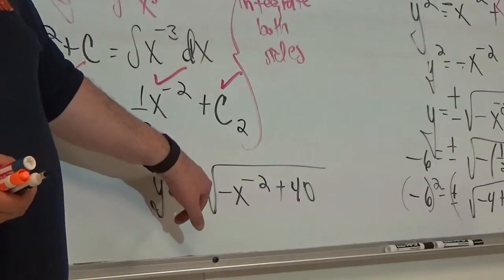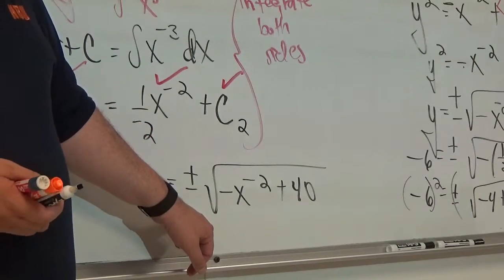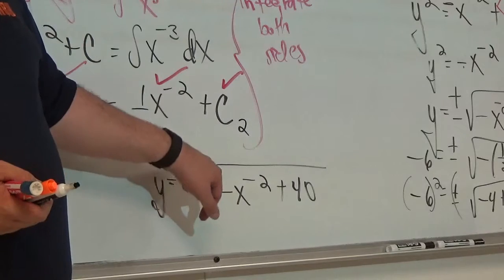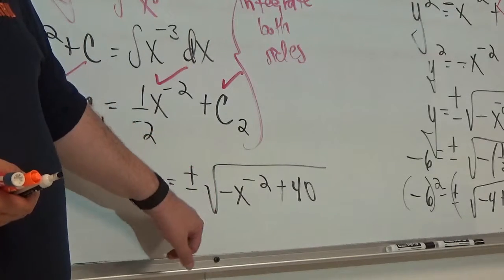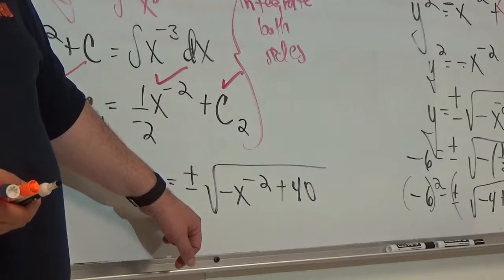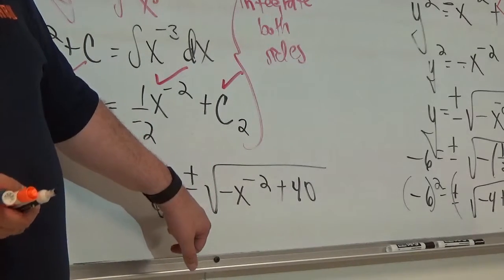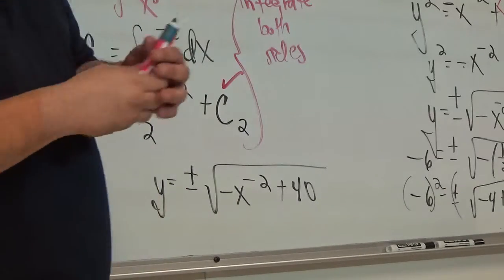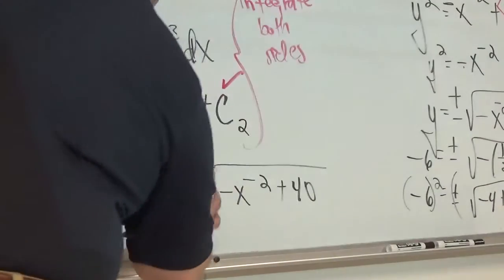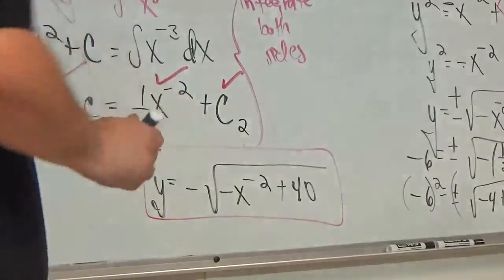Do I want the positive version or the negative version? The way you decide is to look at the initial condition. I need to pick the one that when I plug in 1/2 for x, I get -6 out. And so it's going to have to be not the positive, but the negative version.